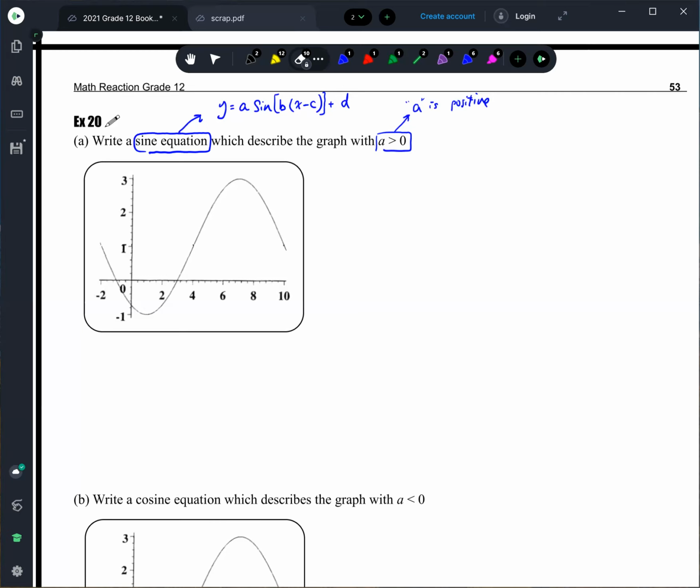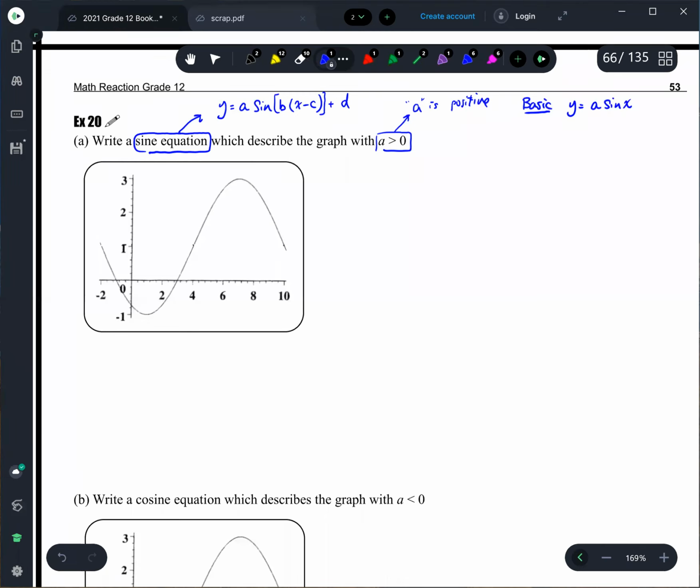Okay. So once you figure out we want the sine graph, and we want the A to be positive, you need to have in mind what the sine graph looks like. So draw that on the side. Basic y equals sine x. Basic means there's no a b c d. A is just one. So draw that out.